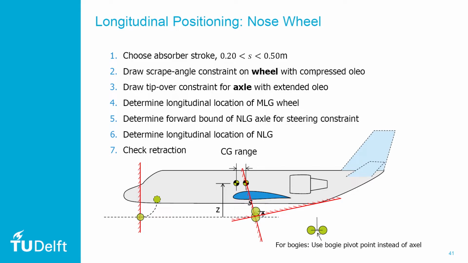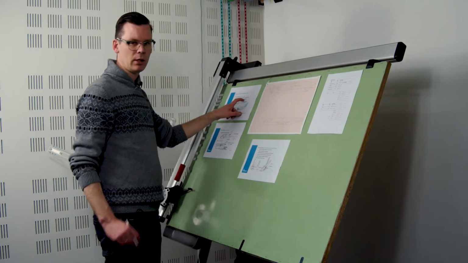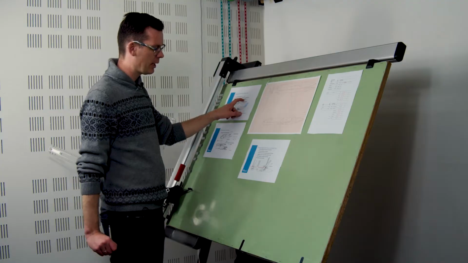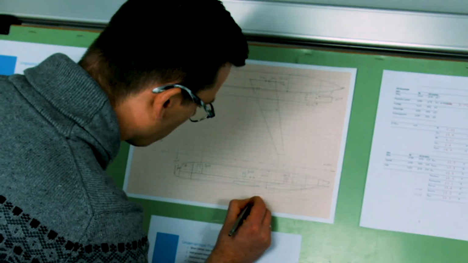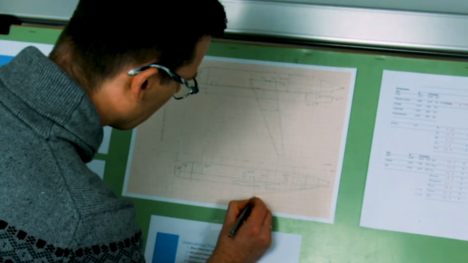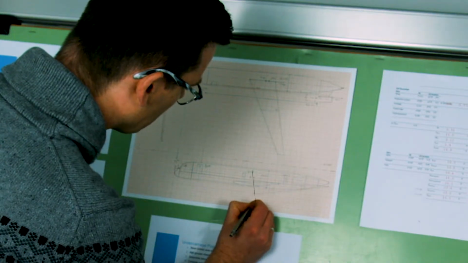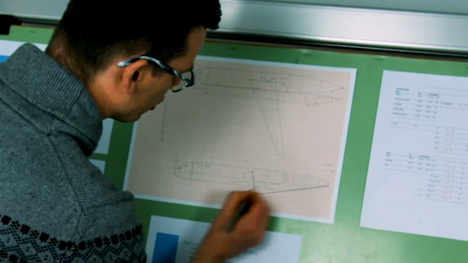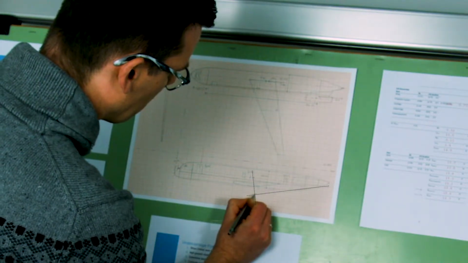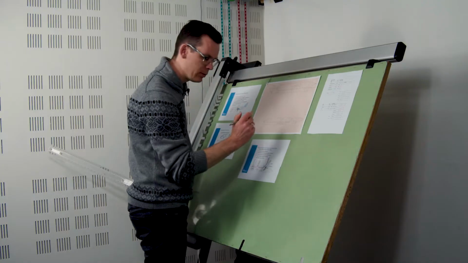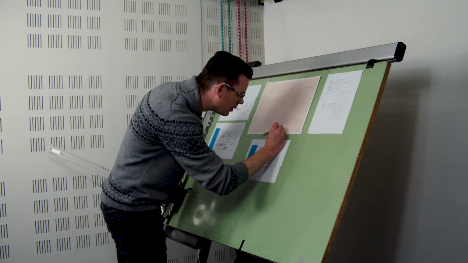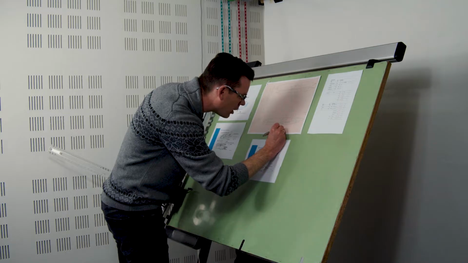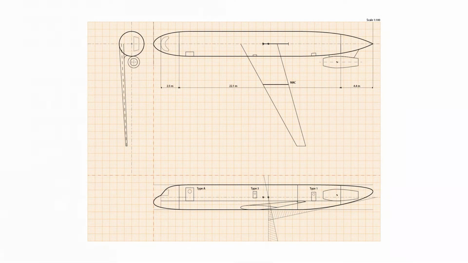I already did that. And then draw the tip over constraint for the axle with extended oleo. So there's a difference between those two constraints. I have to make sure that my wheel axle is always behind this line in extended position, and always below that scrape angle line when it's compressed. That requires a little bit of searching here, such that I get about 4 millimeters of stroke in between the two.